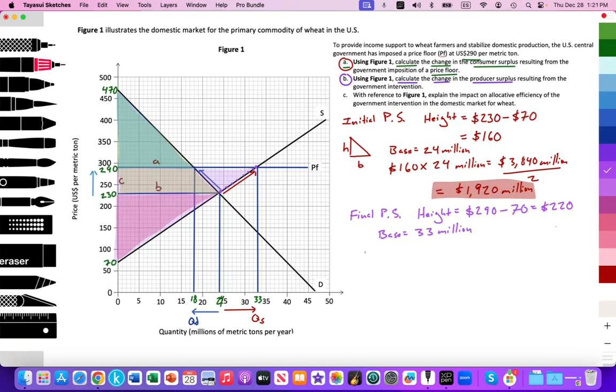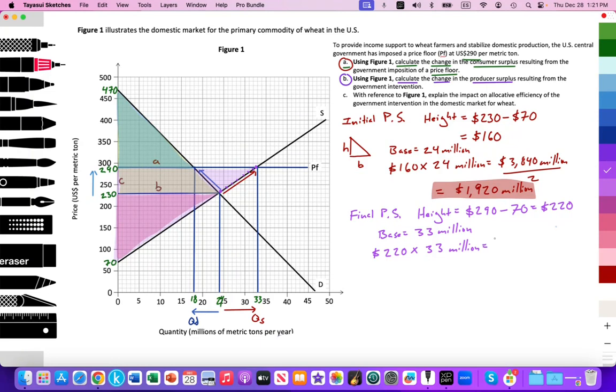Now base times height. So here we have the change. Oops, sorry. I'm getting a little bit ahead there. So here we have 220 times 33 million.